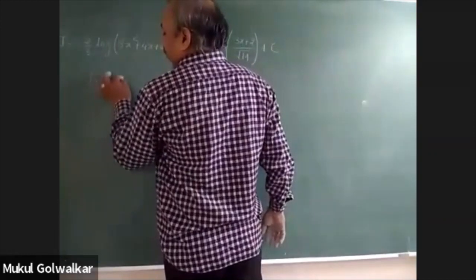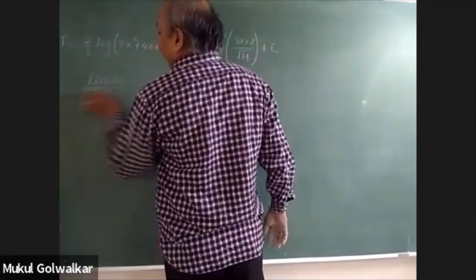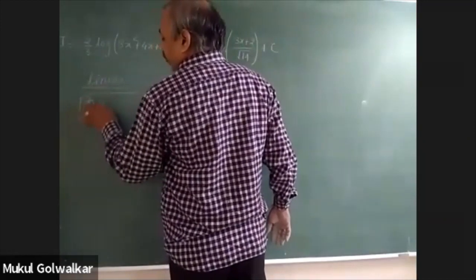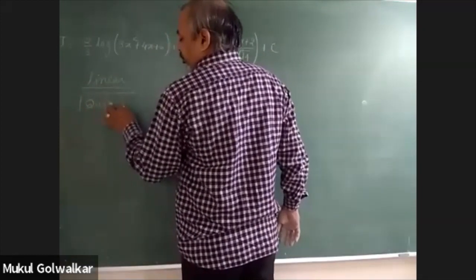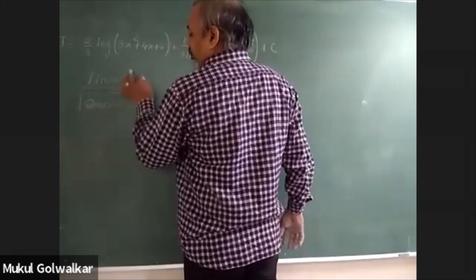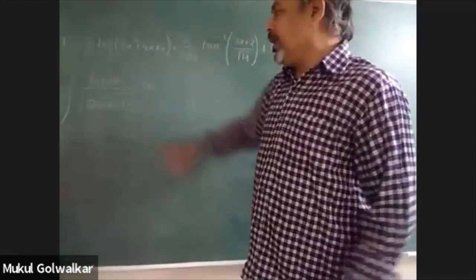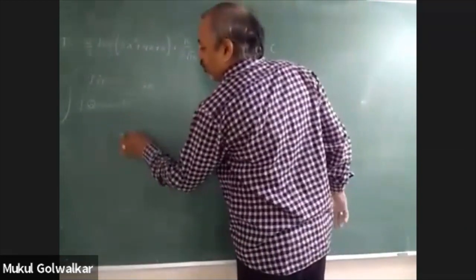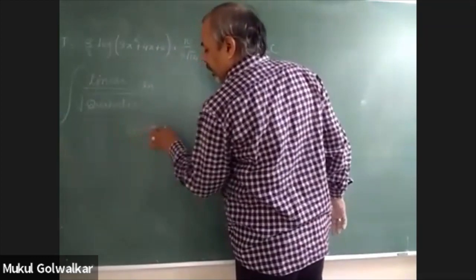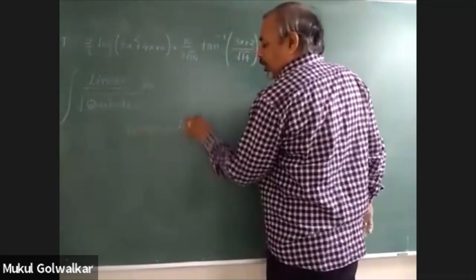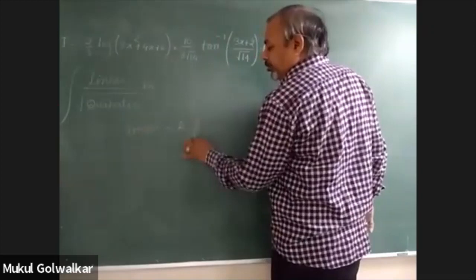Applying the same concept for linear upon root quadratic as well. Same concept will be applied for linear upon root quadratic. Okay, means again you will be able to write down linear is equal to A times d by dx of quadratic.